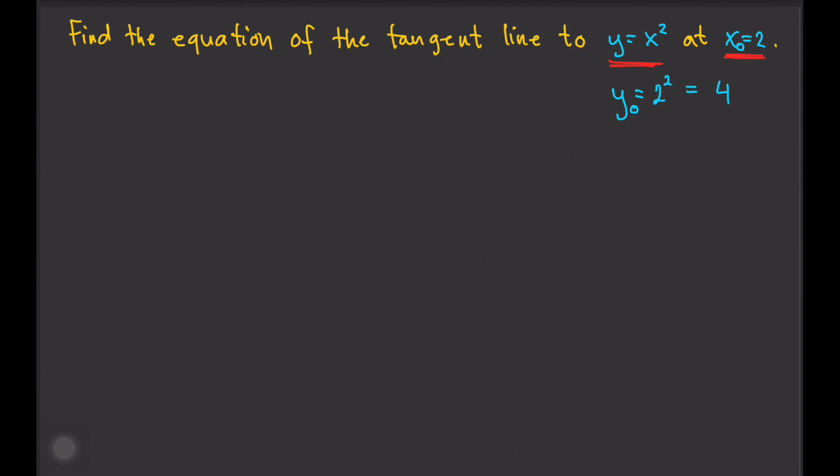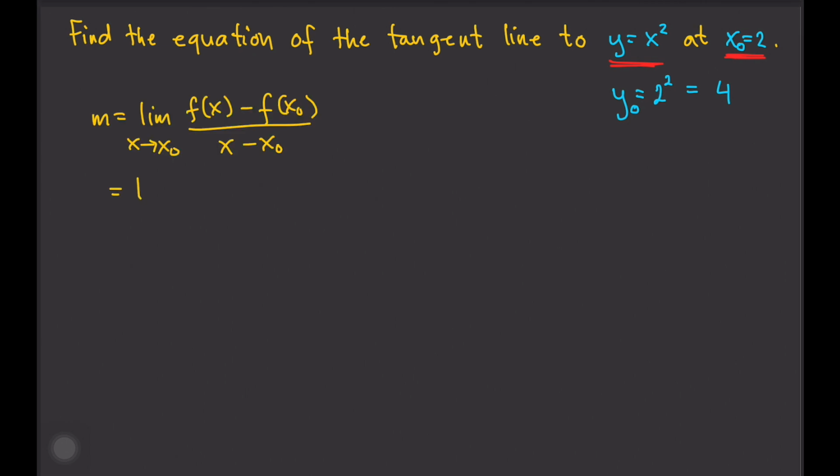So the next thing to do is to find the slope of the tangent line. It's just going to be the same thing. So that will give us the limit as x approaches our x sub o, which is 2, so just write that here.